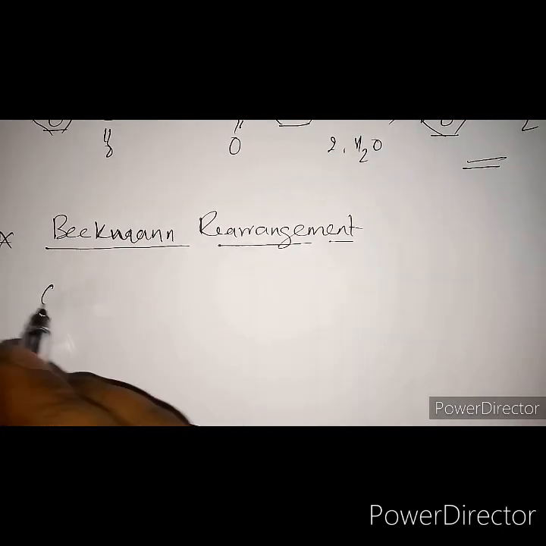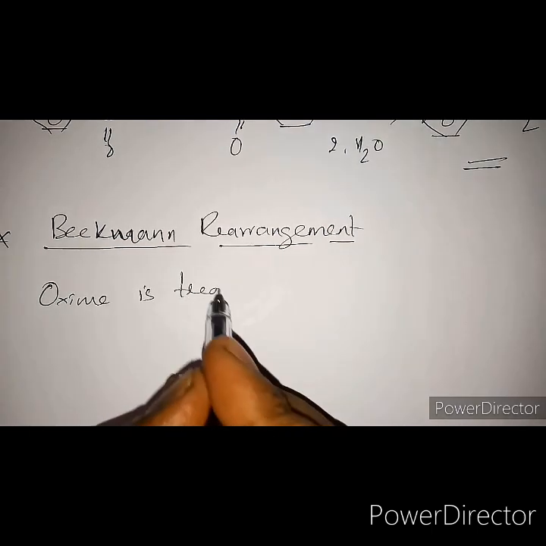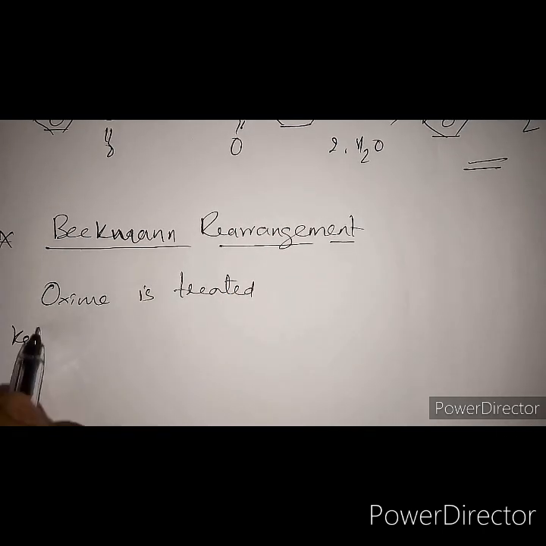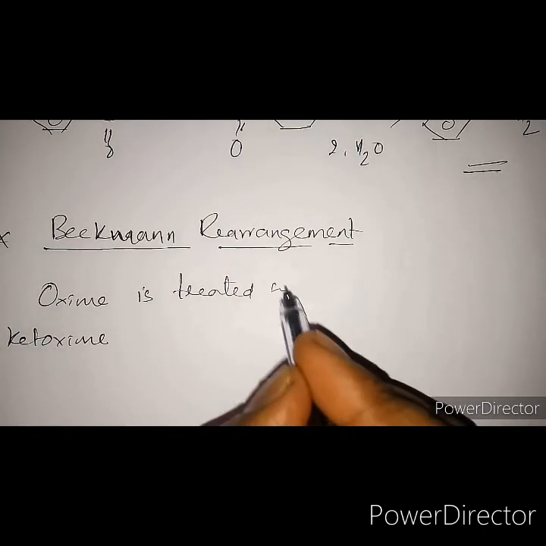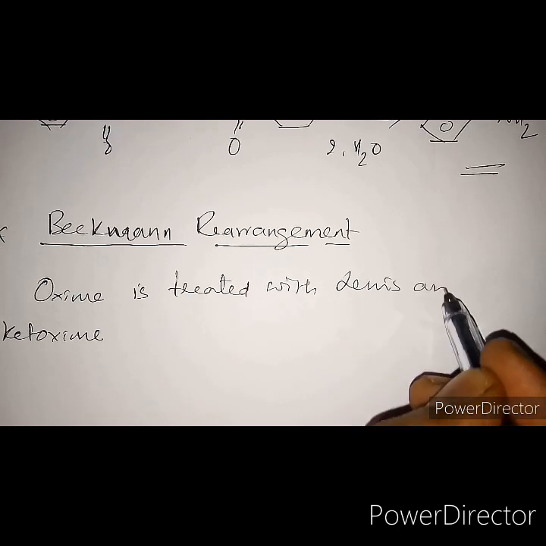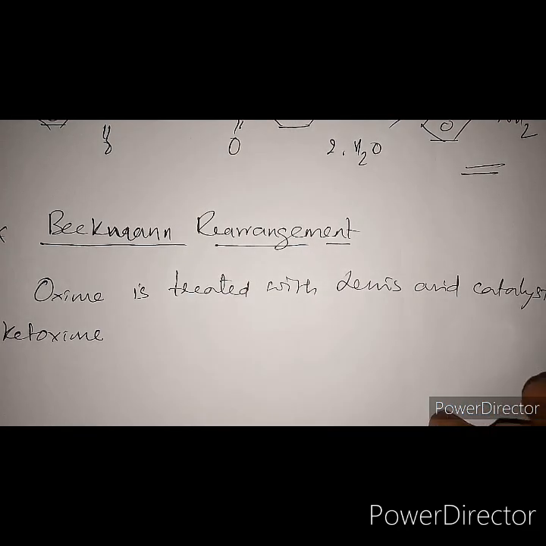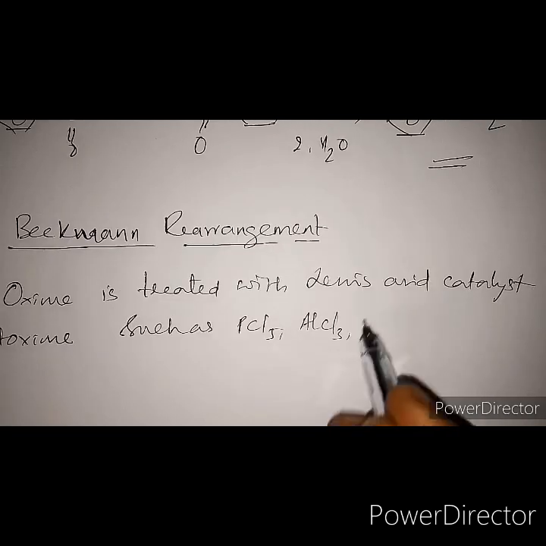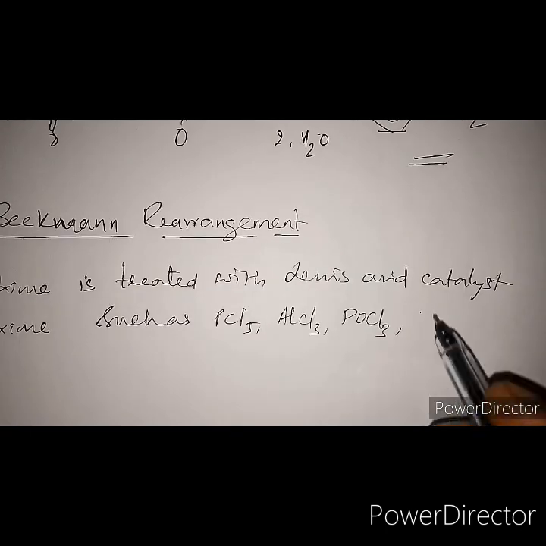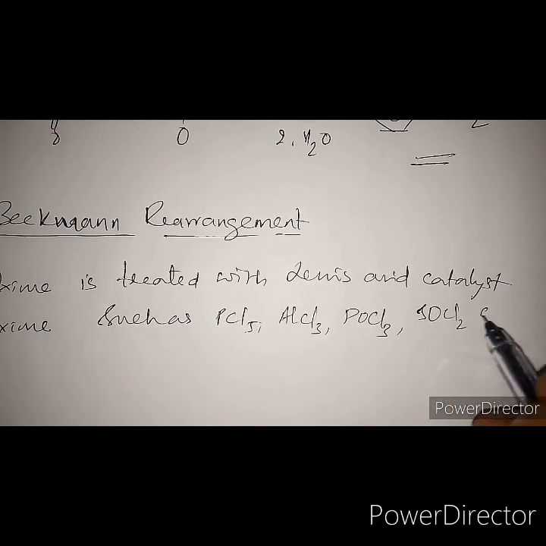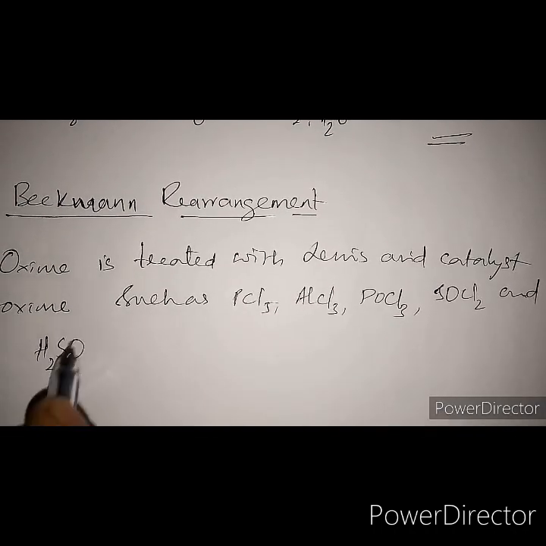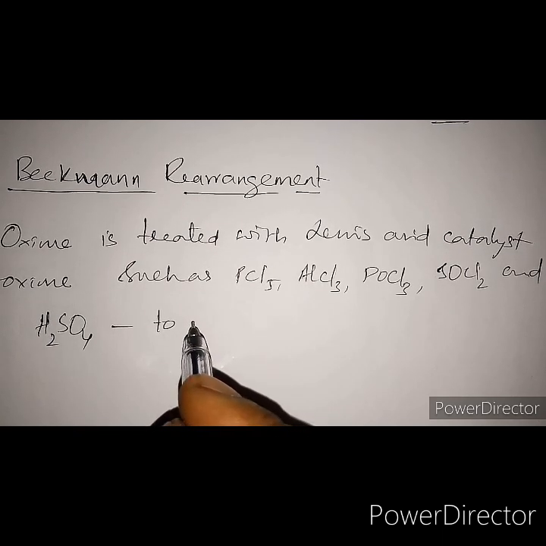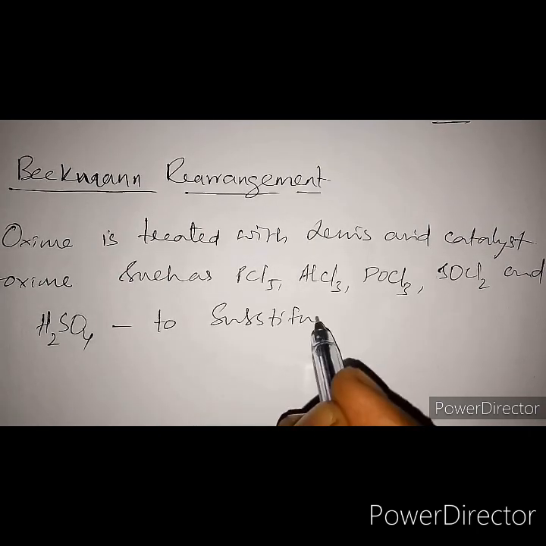In this rearrangement, when an oxime, mostly ketoxime, is treated with a Lewis acid catalyst such as PCl5, aluminum chloride, POCl3, thionyl chloride, and sulfuric acid, the oxime undergoes a rearrangement to a substituted amide.